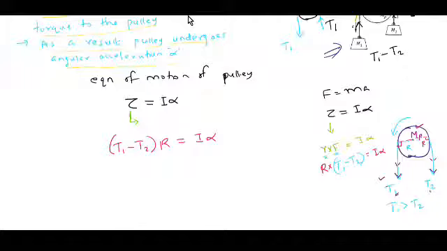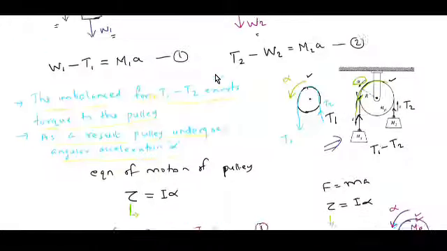It is already mentioned at the beginning that T1 is larger than T2. Therefore, these two tensions are not equal. This creates an imbalanced force, that is T1 minus T2. That creates a rotation in the anti-clockwise direction that provides some angular acceleration to the pulley. Now let me write this as equation number 3.